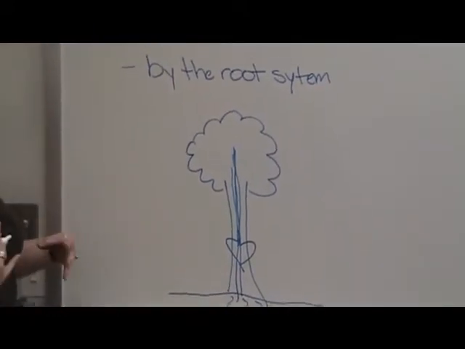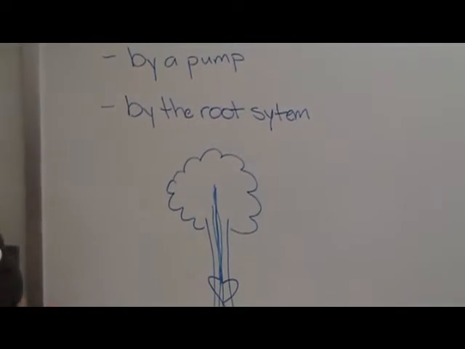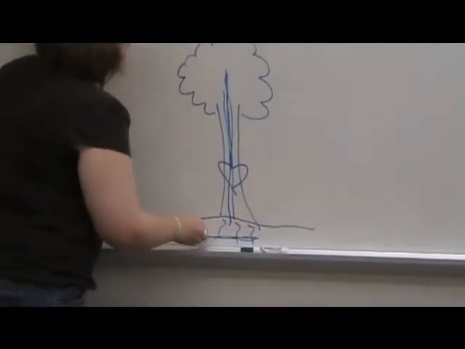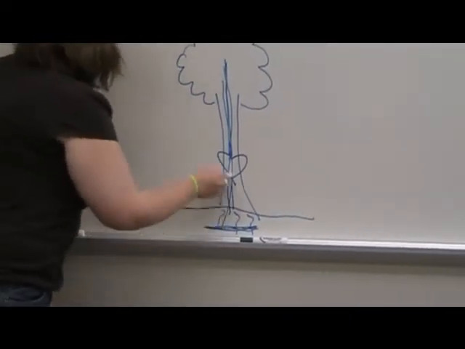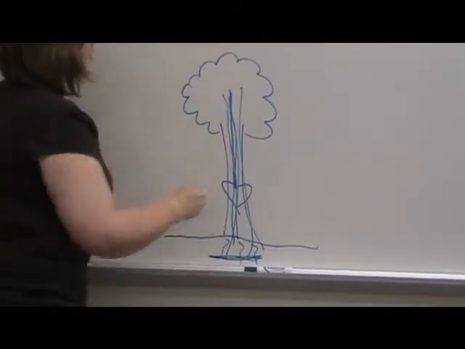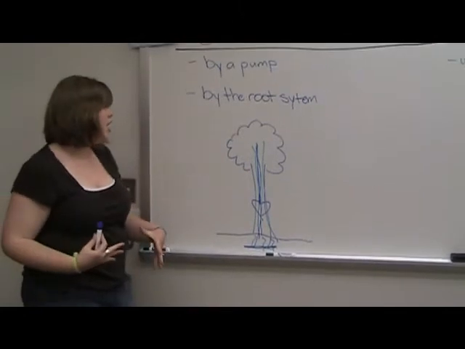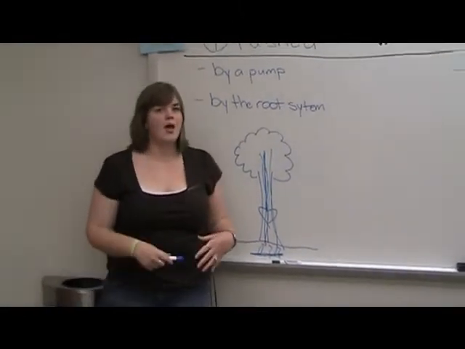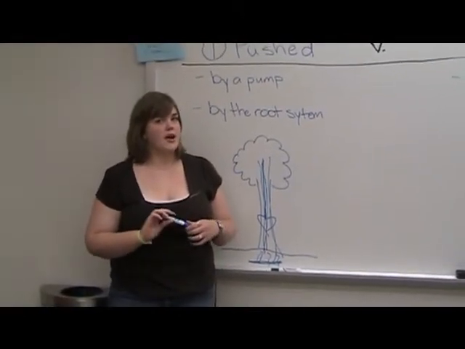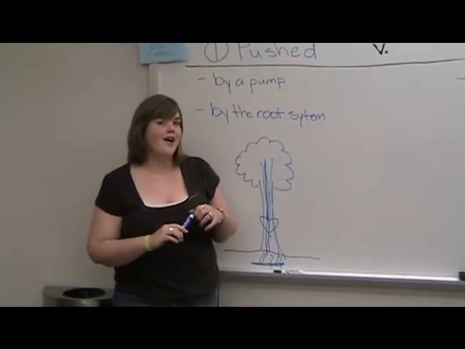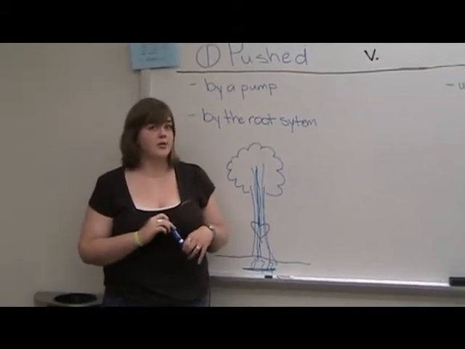Or it could be done directly by the root system. Something in the roots could be pushing water, again, up to the leaves. Initially, when a plant first starts developing, it is pushed by the root system. But we're not sure right now if that's also the case for transpiration or not.